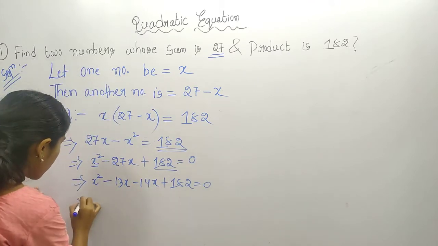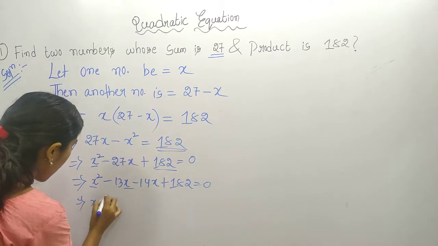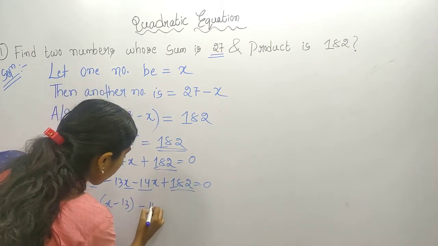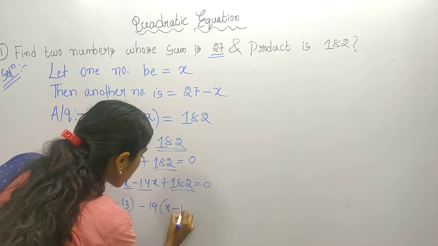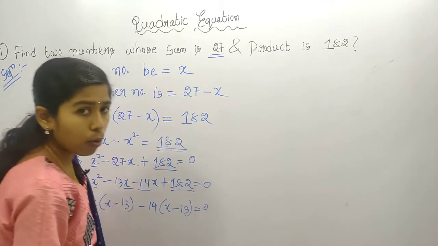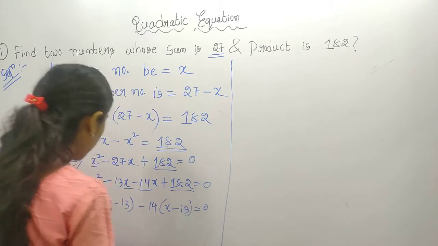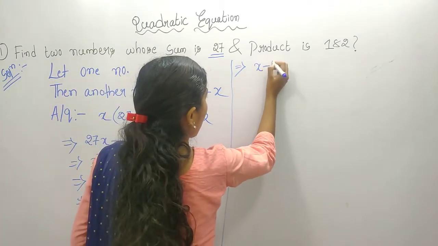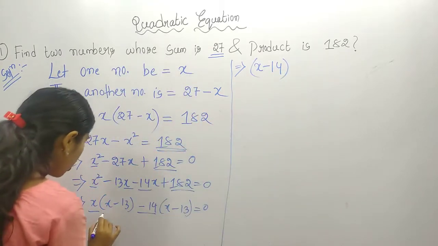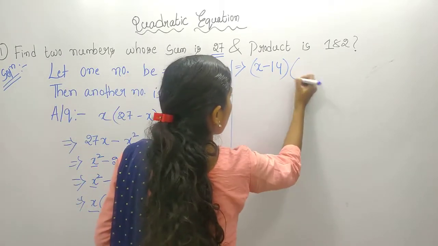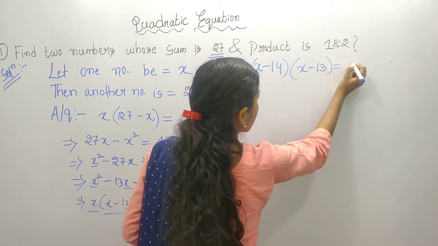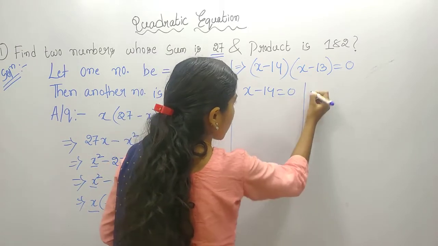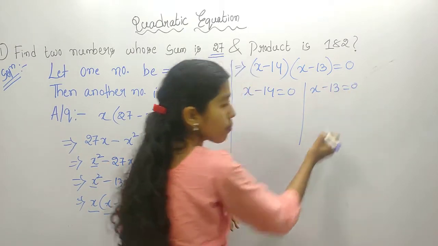That implies x is common here: x into x minus 13, minus 14 is common, 14 into x minus 13 equals 0. Next, x minus 14 into x minus 13 equals 0. So x minus 14 equals 0, again x minus 13 equals 0.